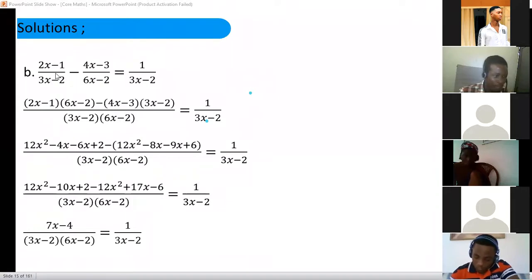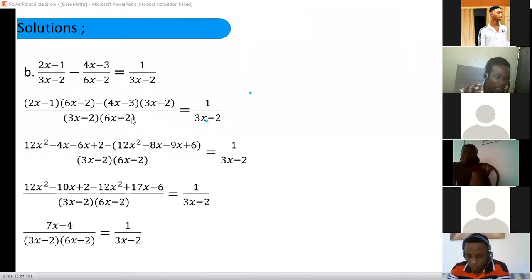Then we take the first fraction and use its denominator to divide the LCM. That is 3x minus 2 into bracket 6x minus 2, divided by 3x minus 2. You can see that the 3x minus 2 will cancel the 3x minus 2, leaving 6x minus 2.